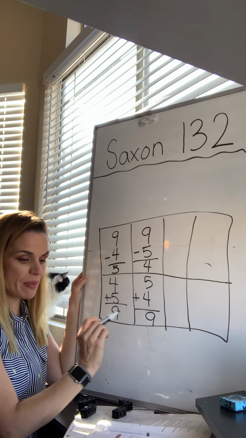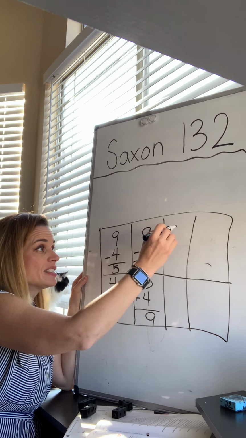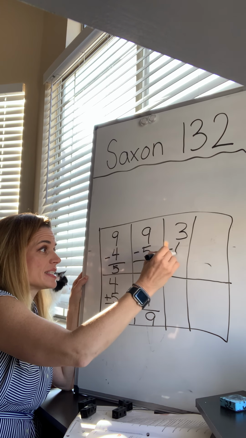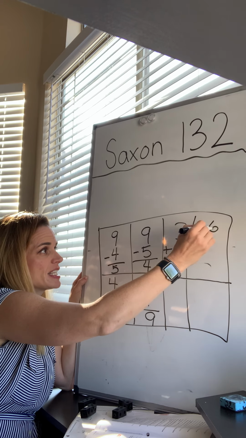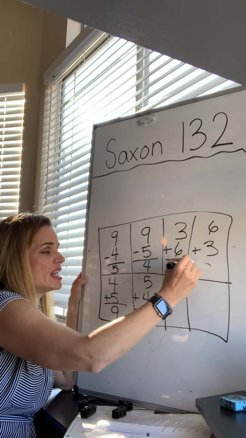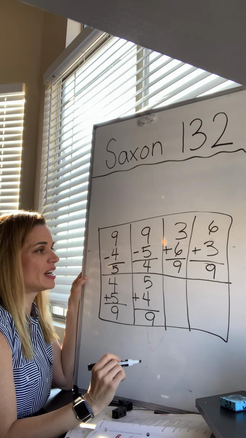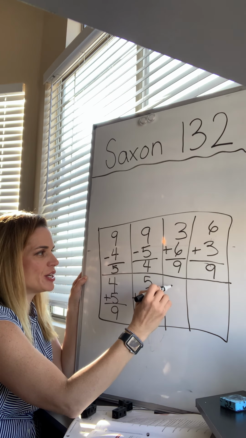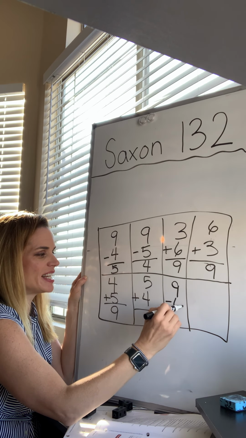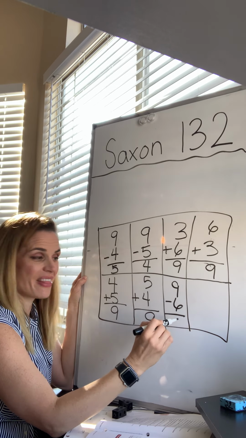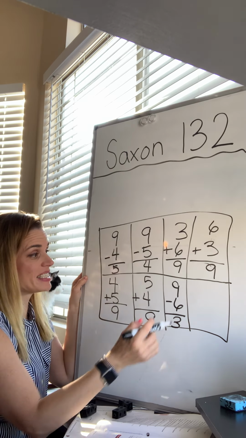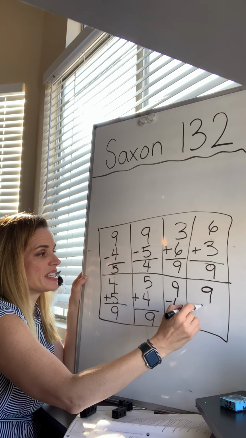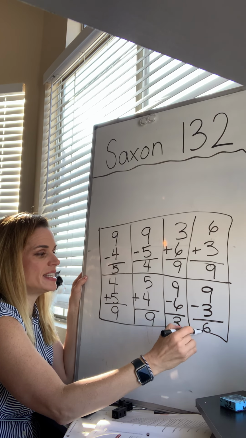The other one we're going to do is 3, 6, and 9. So 3 equals 9. We'll do 9 minus 6 equals 3. Good job. And write the answer on the back just so you can practice them. And 9 minus 3 equals 6.